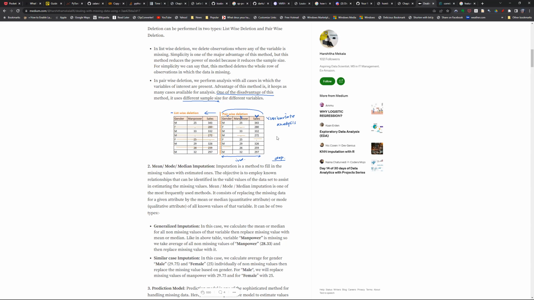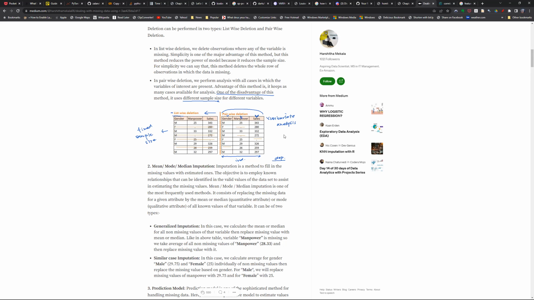R tends to choose the more complete cases. So the big advantage of the list-wise deletion is that we have a fixed sample size. We only use those complete cases.